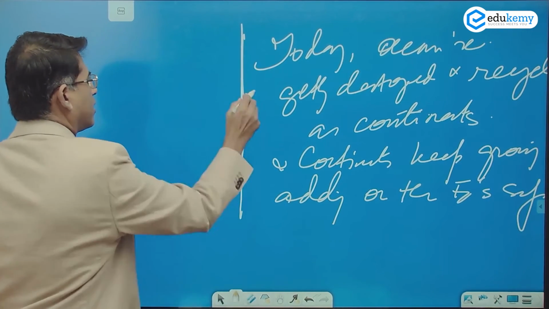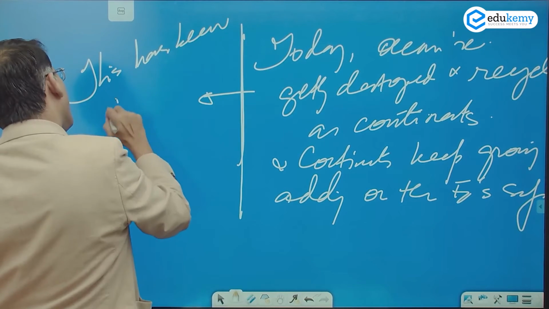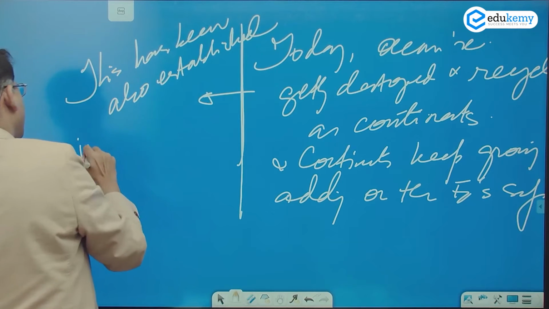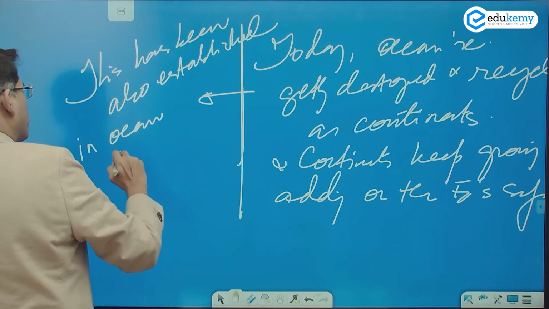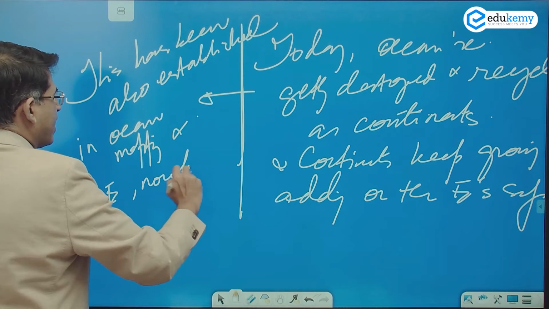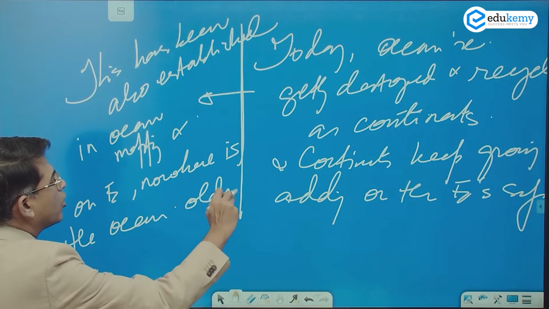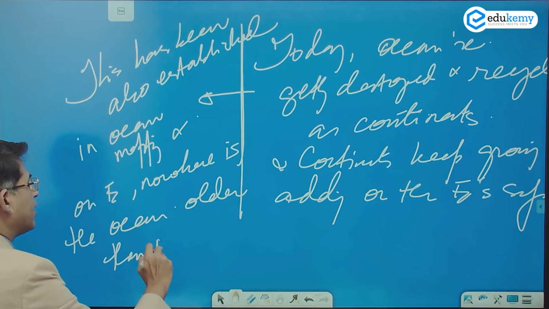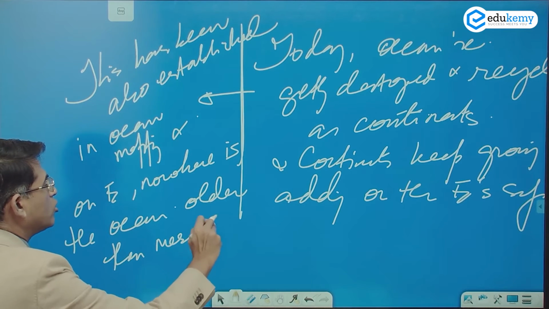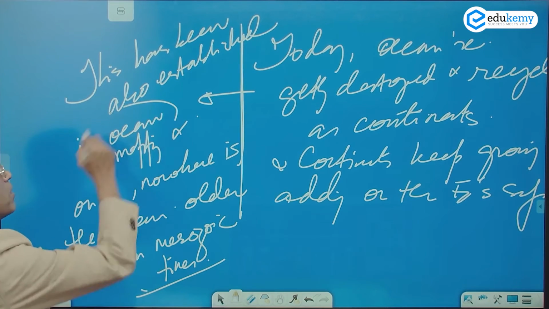This has also been established in ocean mapping: on Earth, nowhere is the ocean older than the Mesozoic times.